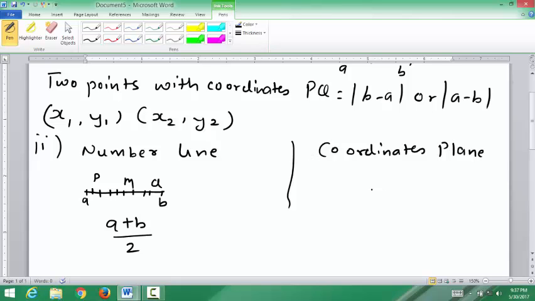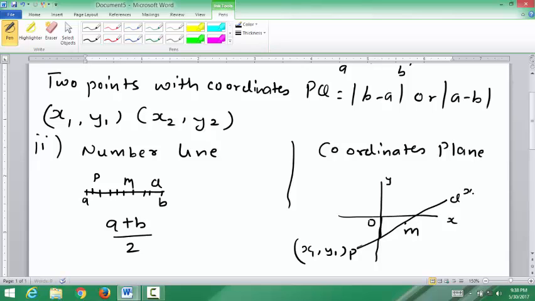Now let's take another example for the coordinate plane. This is the y-axis, this is the x-axis, and this is the PQ line. Okay, now we take the midpoint as M. This will become x1, y1, and this will become x2, y2.